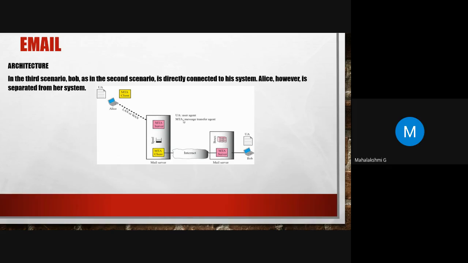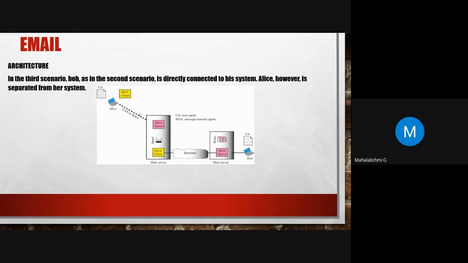Alice is connected to her system through a LAN or WAN. If it is a WAN, then it may be using a dial-up modem, a DSL or a cable modem.